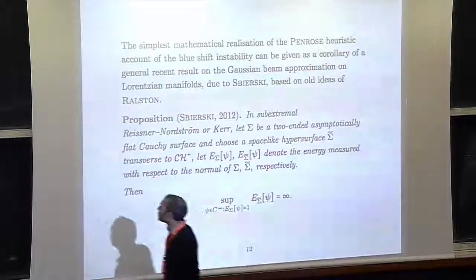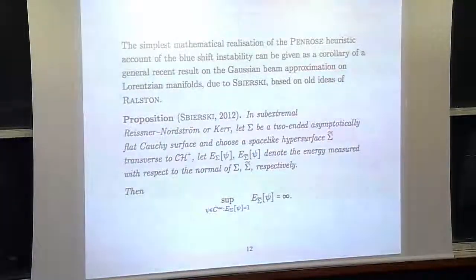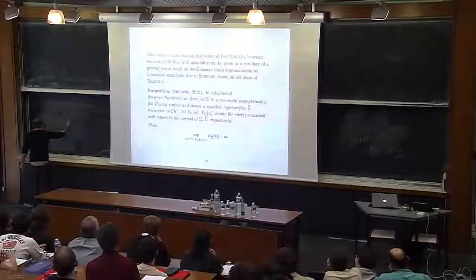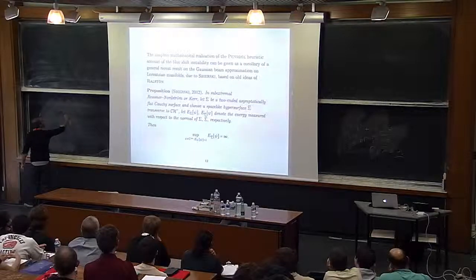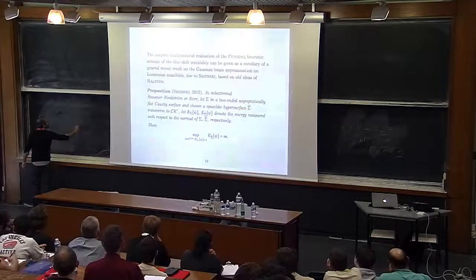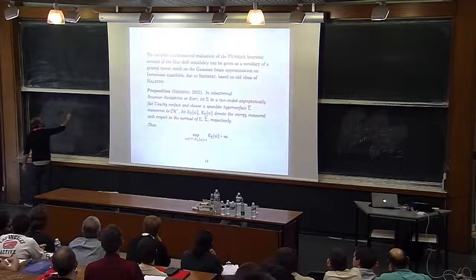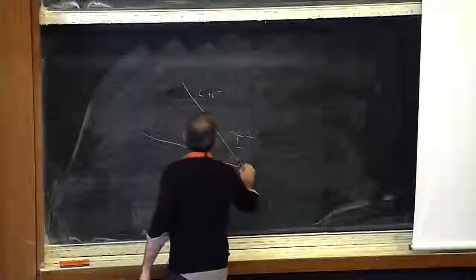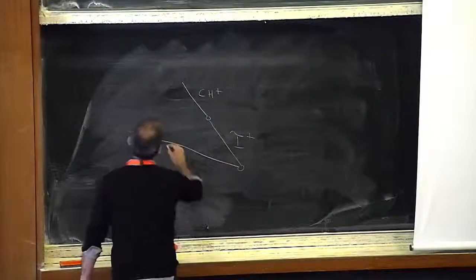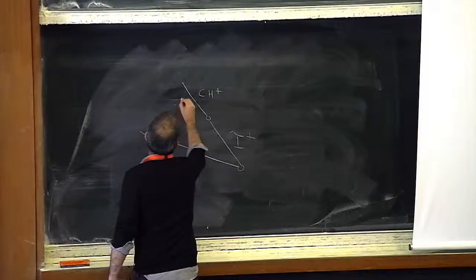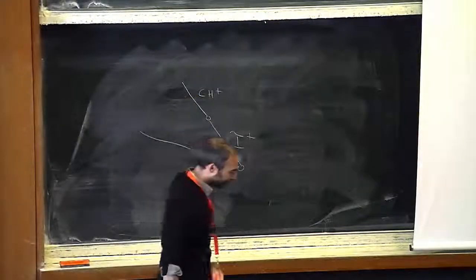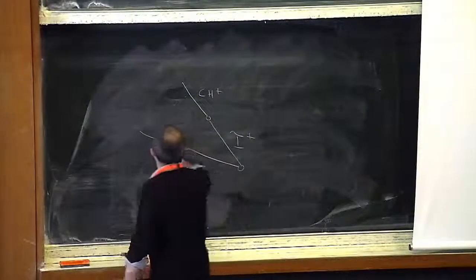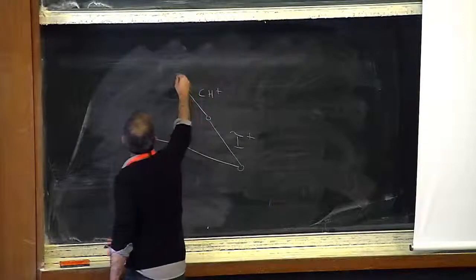I might as well draw it. It's easier. So let this be Kerr, and I'm only going to talk about solutions of the wave equation in the domain of dependence of some... Well, if you want, I can do the two-ended. It's okay.